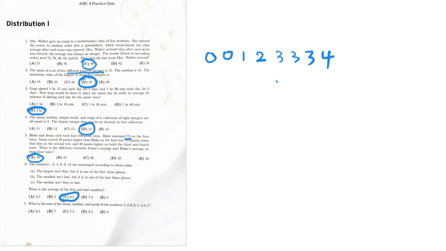The median is the middle number. There are 8 numbers, so the median is the average of the middle 2 numbers. That's 2 plus 3 divided by 2, that's 2.5.